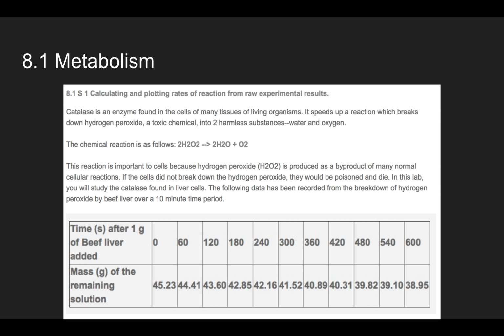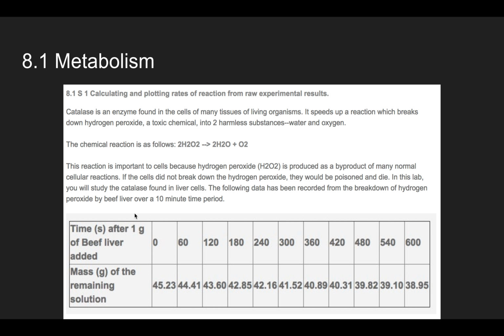And when the cells in the beef liver go through cell respiration and cell processes and metabolic reactions, hydrogen peroxide is produced. Because hydrogen peroxide is poisonous, it needs to be broken down. So therefore, catalase facilitates this.